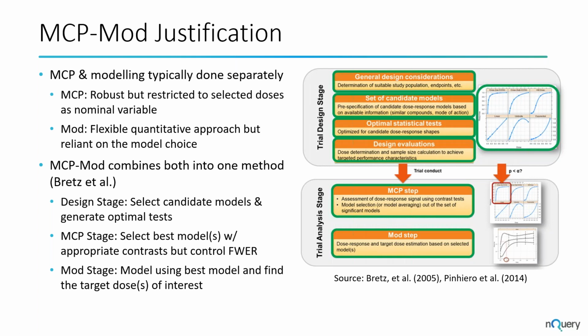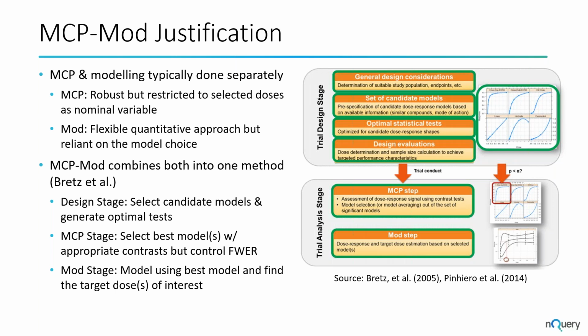So there are a number of advantages to using MCP-Mod. First of which, I suppose, would be the efficiency gains. There will be a cost and time saving, both for treatments that ultimately progress to phase 3, but also in rooting out treatments that fail to show sufficient promise sooner.